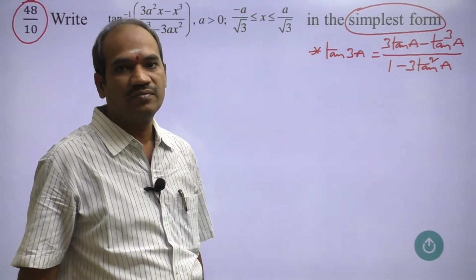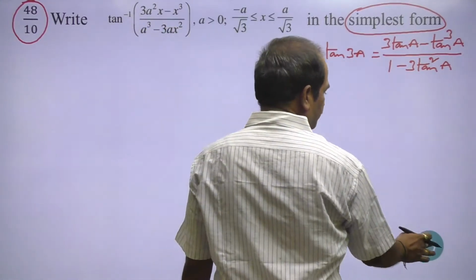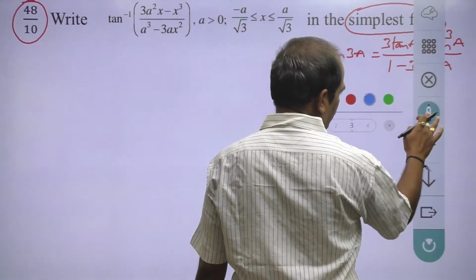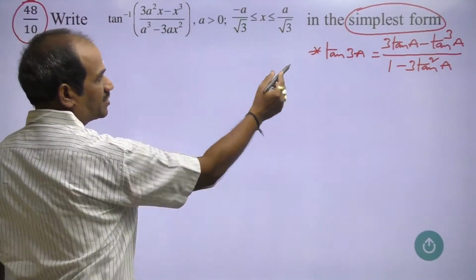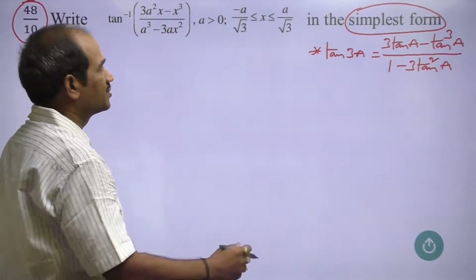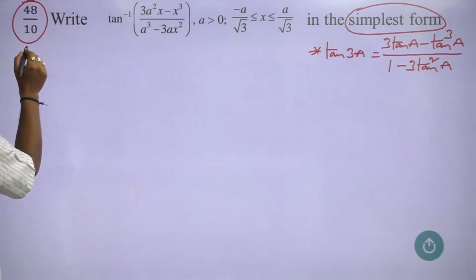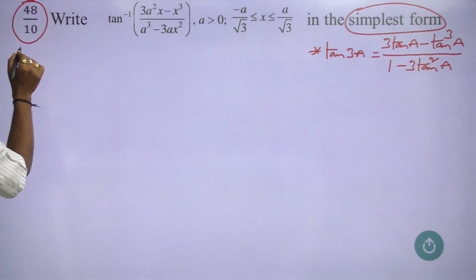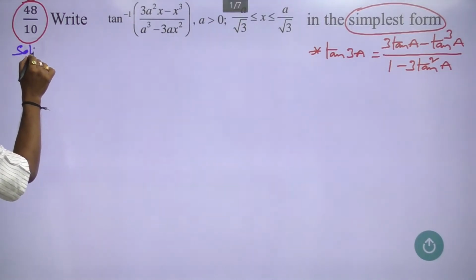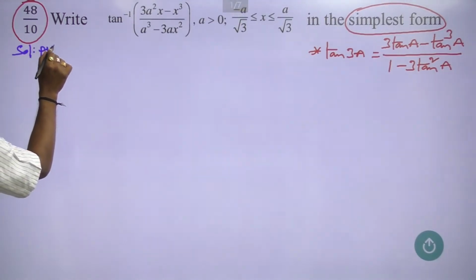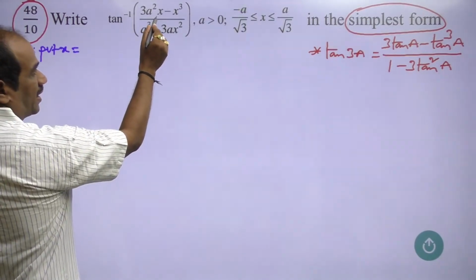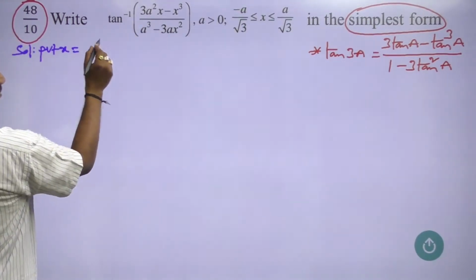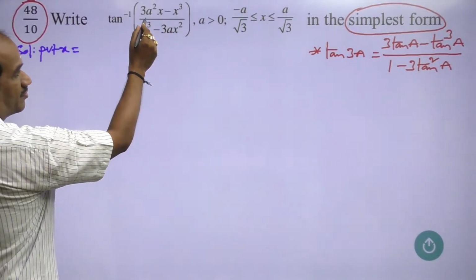See here in this question, write in the simplest form. So in this solution, put x is equal to a tan theta, since we have a square and x cube, a cube given.